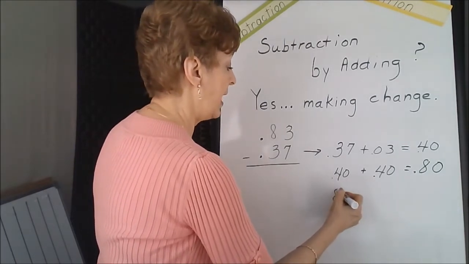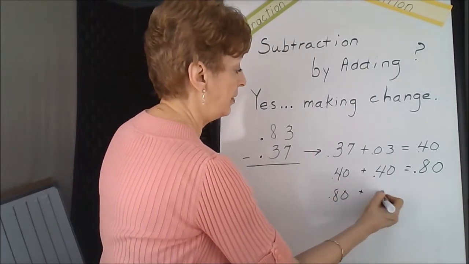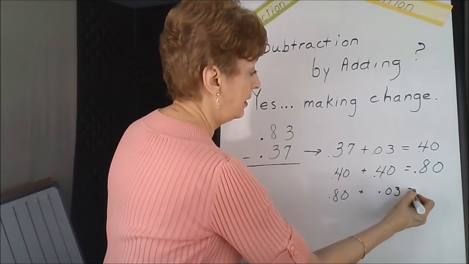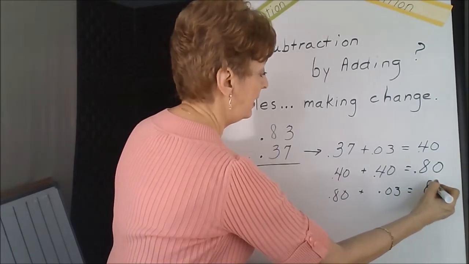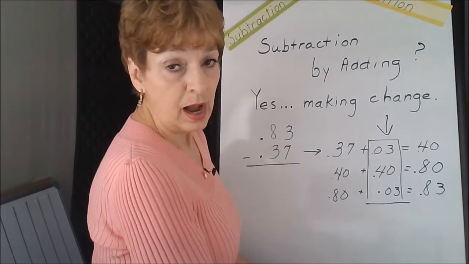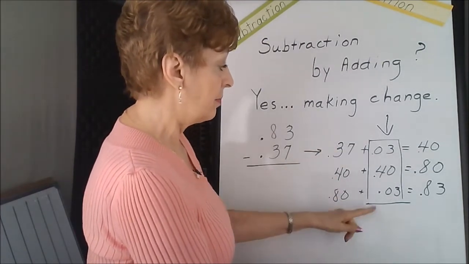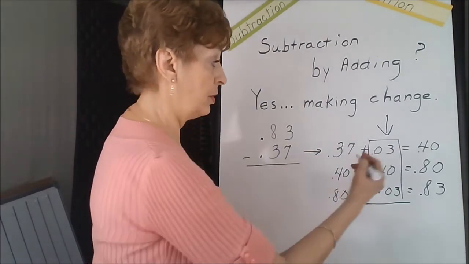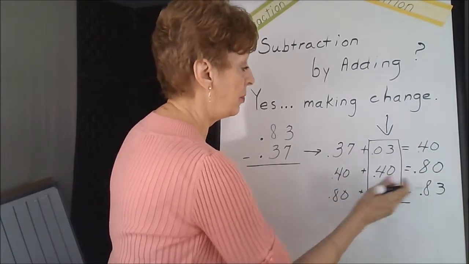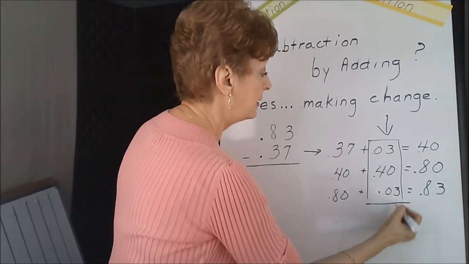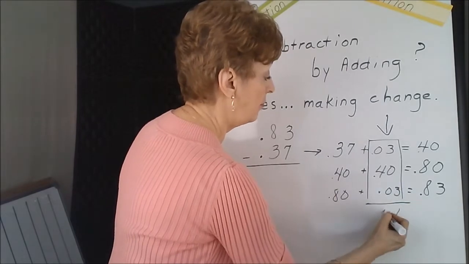And if you took your 80 and added 3 cents to it, you would now have 83 cents. How much money would you have left in your pocket? You would add the amount of money that you used to get to your partial answers. So that would be 46 cents.